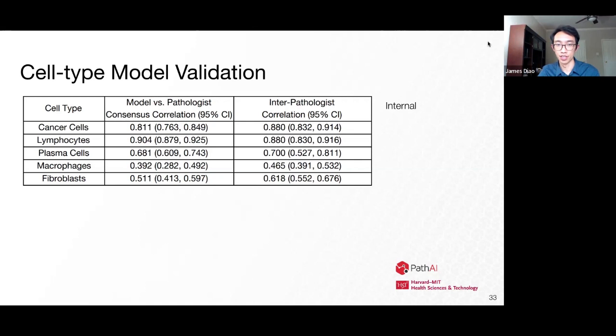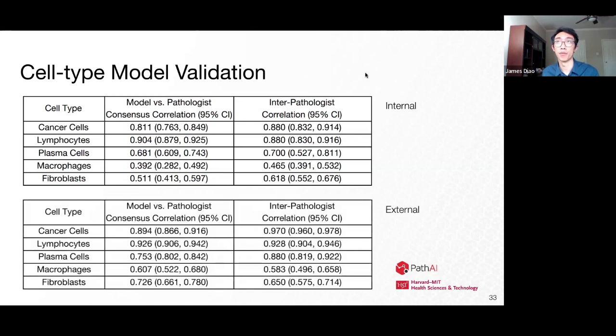And then just to validate this further, we also took 72 slides from an external data set of breast cancer adenocarcinoma.